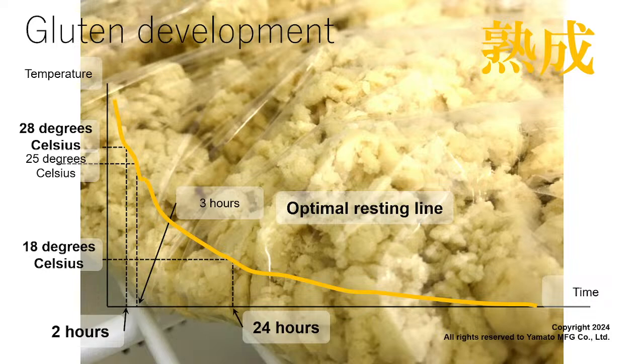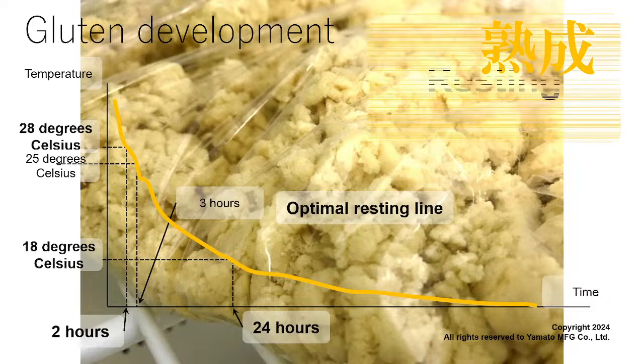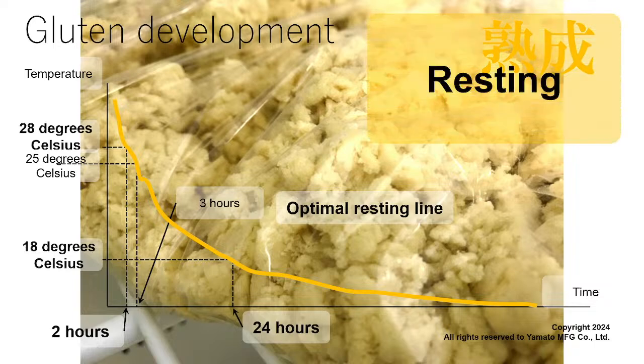From all our research and development, we found a correlation between temperature and time in the resting process. Basically, higher temperature means shorter resting time. And the higher the hydration of the dough, the more important this resting process is.